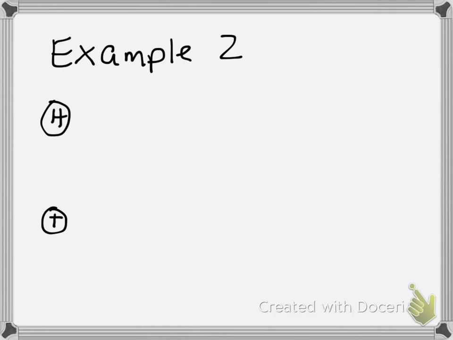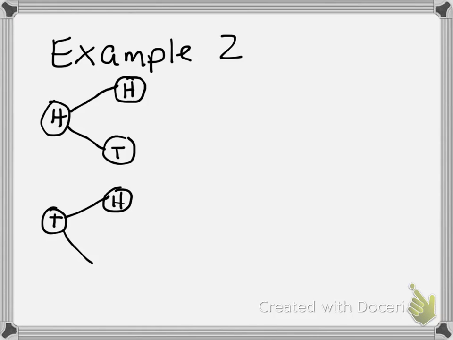So we flip the first one and we get a heads, and then we flip it again, and we get two different outcomes with this. Again, we can either get a heads or a tails. If we flip tails the first time, again, our outcomes are going to be heads or tails. So we have 4 different outcomes that we can have.